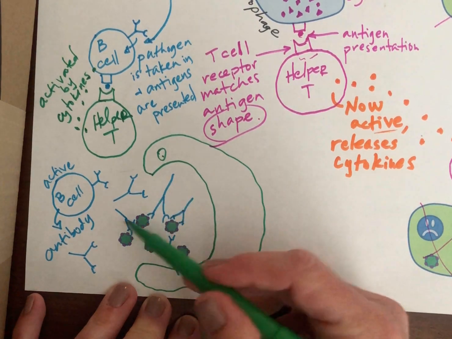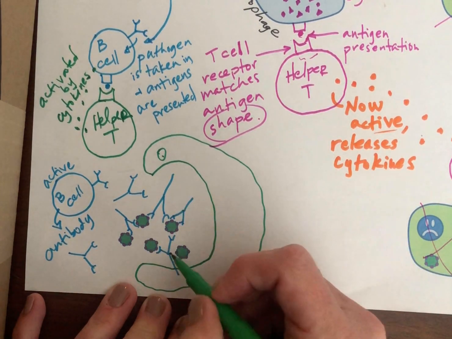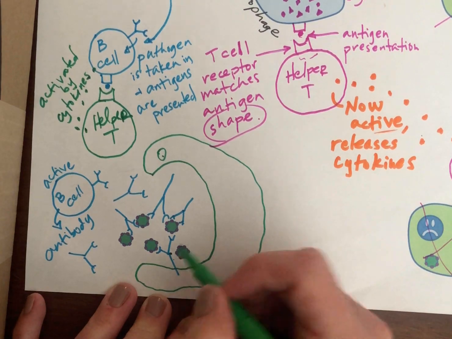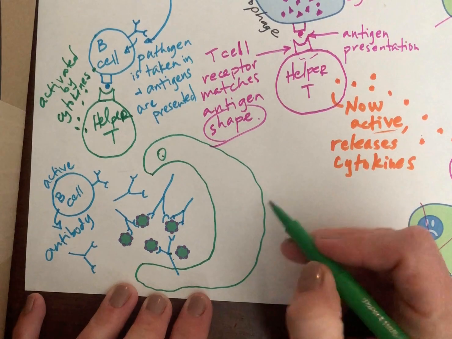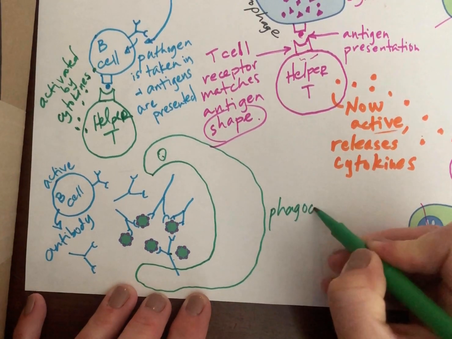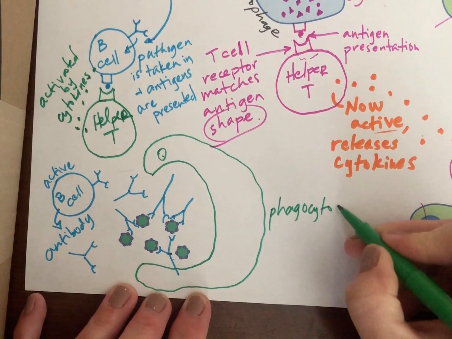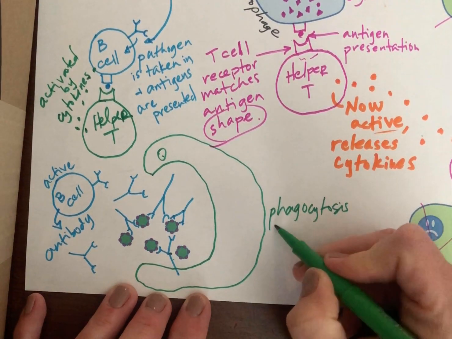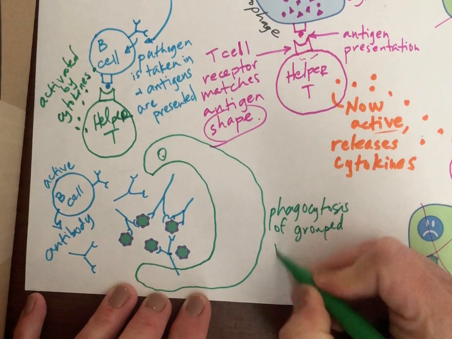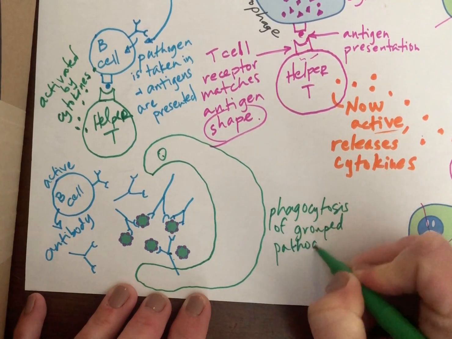So the macrophage knows where to find it, and they've been grouped by the antibodies. They've been clustered together. So this is phagocytosis of grouped pathogens.